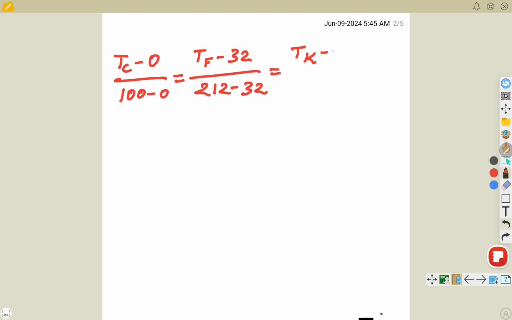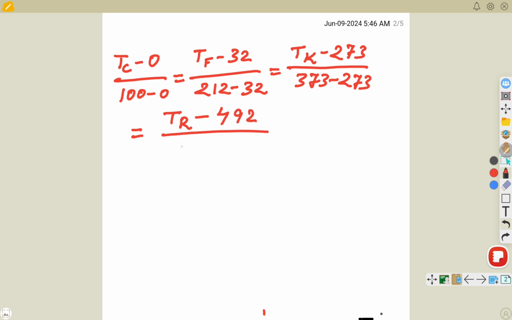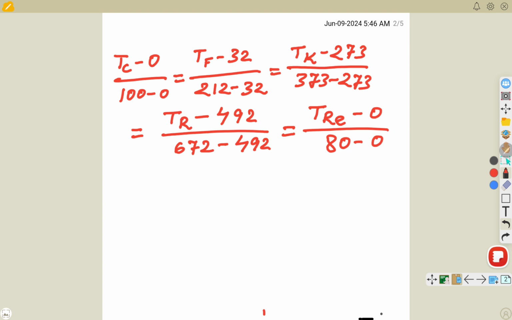Similarly, for the Kelvin scale, we can write similarly. For the Rankine scale, (TR minus 492) upon (672 minus 492). In the Reaumur scale, we may write (80 minus 0).